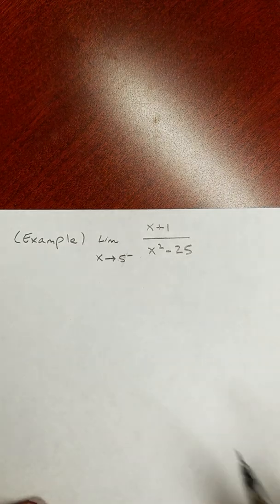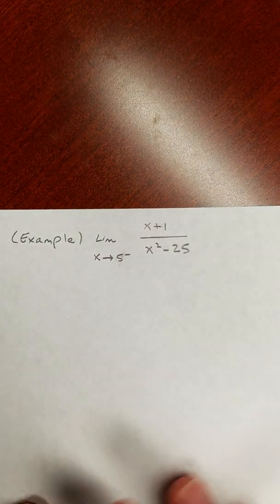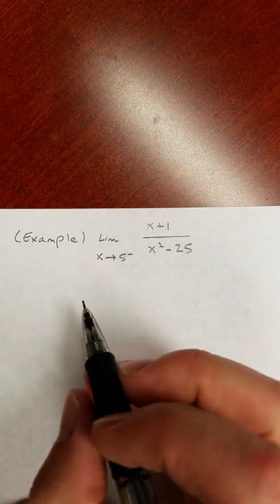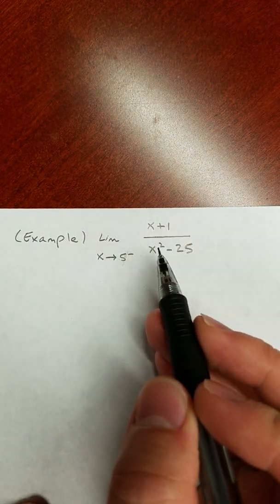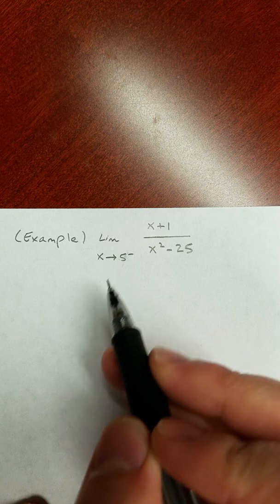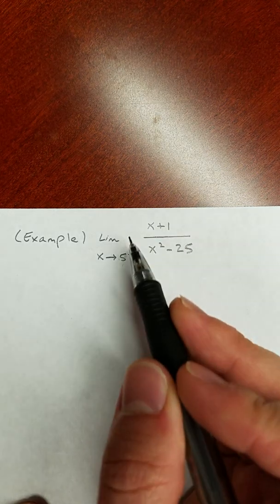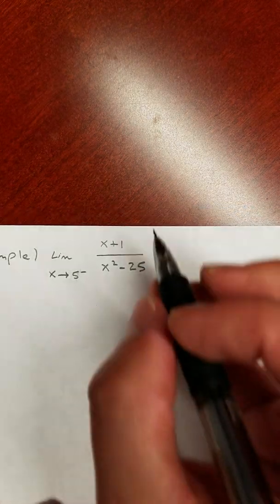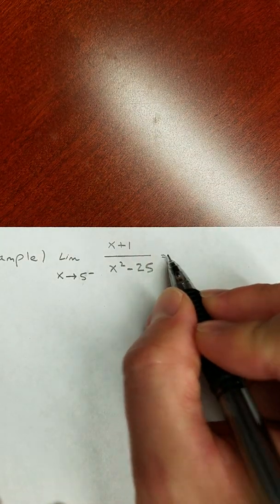So what about this one? Okay, again, I want to do by table and by graph. If x goes to 5 from the left, here's what I think is going to happen. Or how about this? Let's do one more thing that I think might help us out.